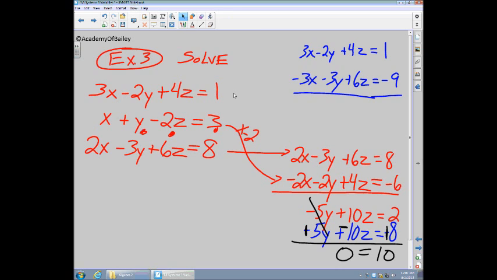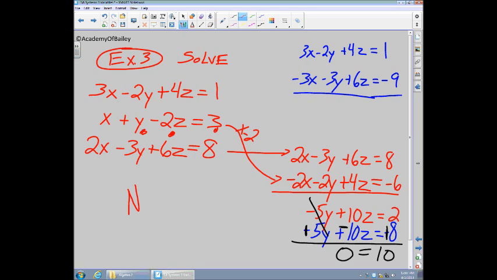Well, that's mind-boggling. 0 is equal to 10? No. Can't be. And it's true that it can't be.